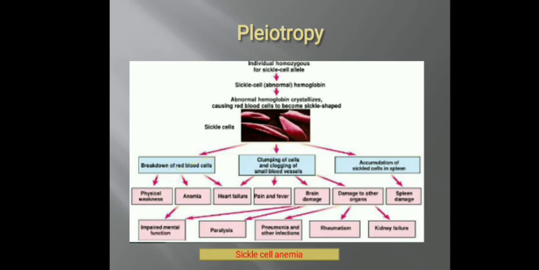There is the breakdown of RBCs, there is the clumping of cells, there is accumulation of sickle cells, there is physical weakness, anemia, heart failure, pain and fever, brain damage. Here you can see a single gene change has led to so many different types of phenotypic changes. So one gene, many characters, that is pleiotropy.